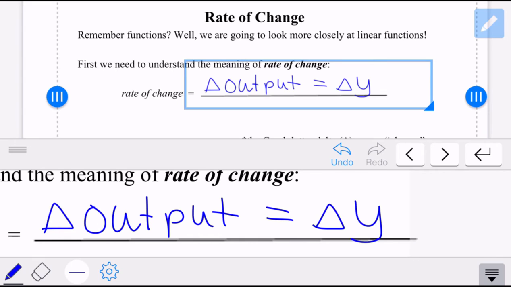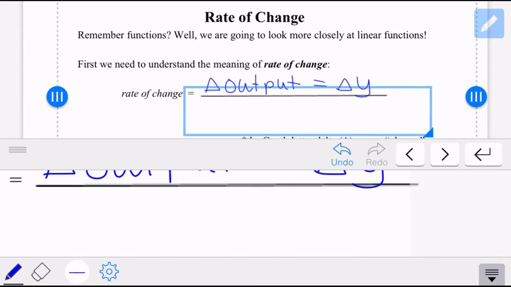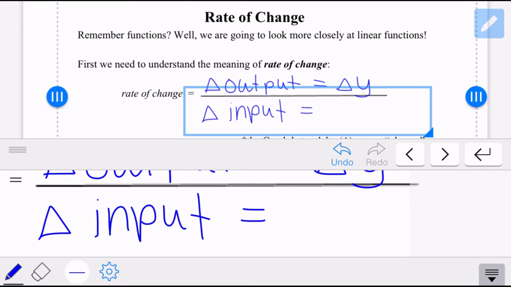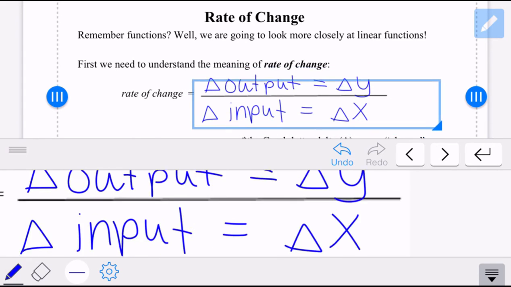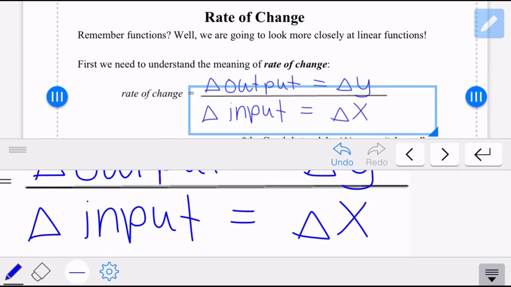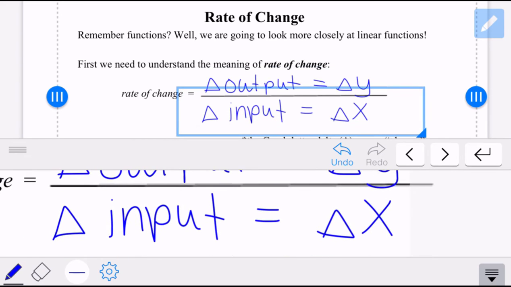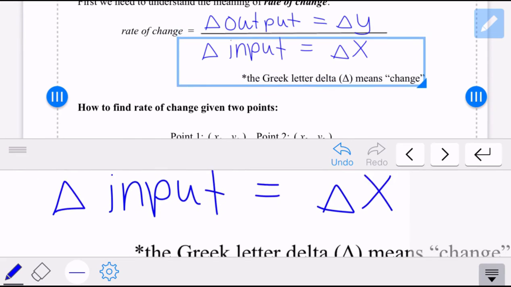Okay, so output is the y value. So change in y is going to be on the top, and then that's going to be over the change in the input. So what other variable is left? That's right, x. So output is y, input is x, so our change in output is going to be the change in the y value. Change in input is going to be the change in the x value.